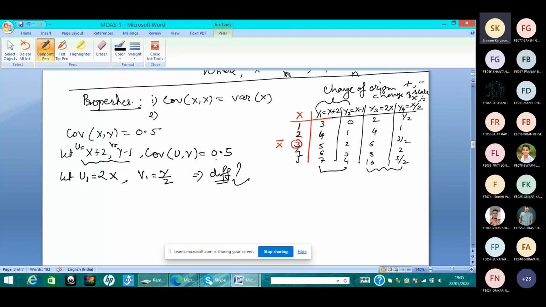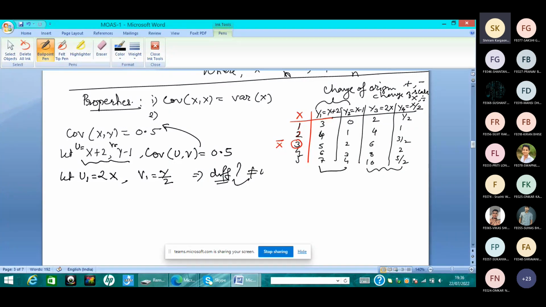So it means that covariance is affected by the change of scale. When you do the calculation and get the value, you will see it is not 0.5, which is the original value, right?